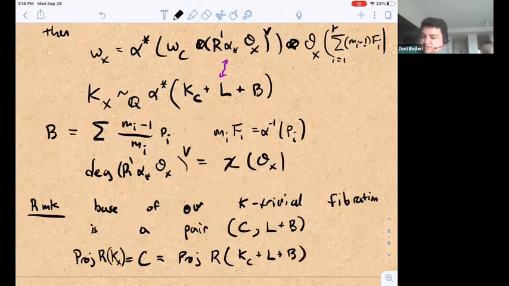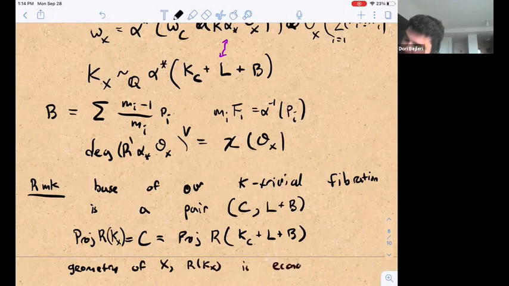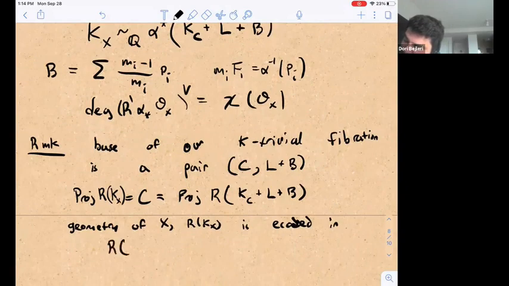The pluricanonical sections on X are the same as these plurilog canonical sections, these sections of K plus L plus B. So somehow what this is saying is that the geometry of X or its pluricanonical sections is encoded not in the geometry of C, but in the geometry of C with this ring of sections of K_C plus L plus B.